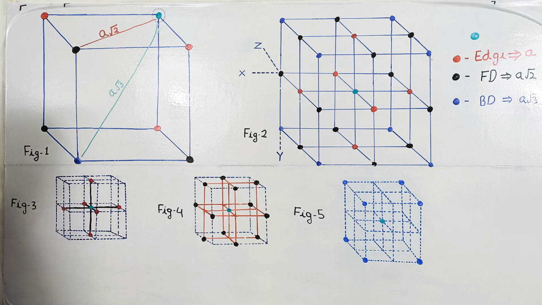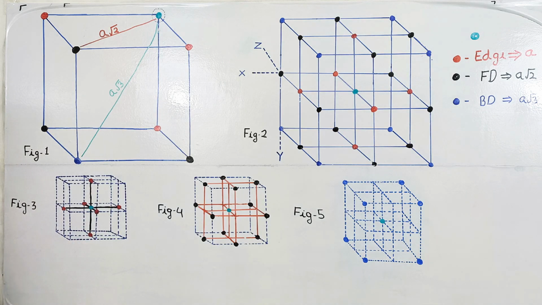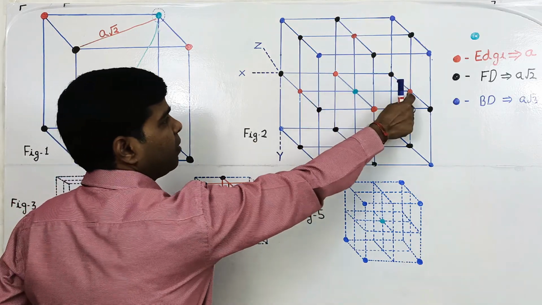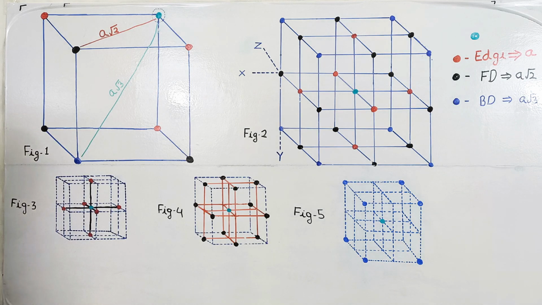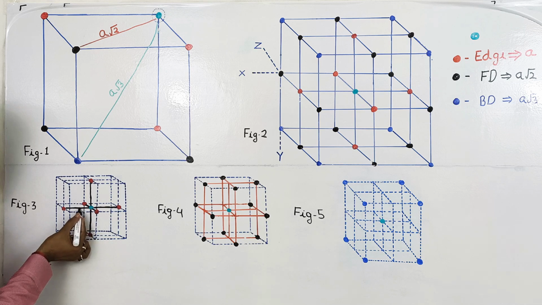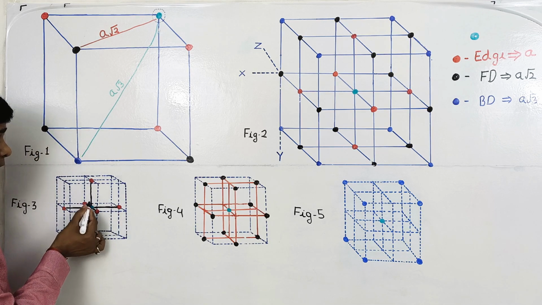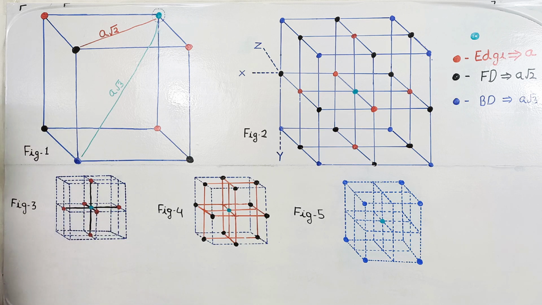In this figure number 3, the green particle is our reference particle, and the red particles are the particles present at the edge with the distance A. If you see, with respect to this green particle, we have one red particle at the left side, one red particle on the right side, one particle above and one below, one particle in the front and one particle at the back side.